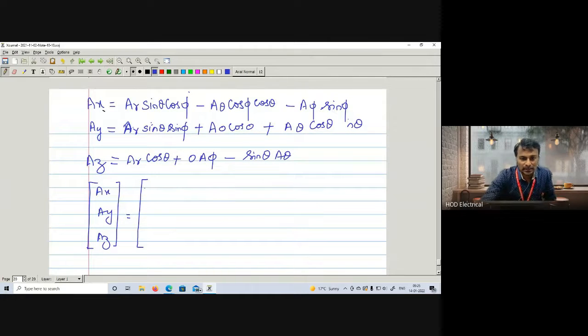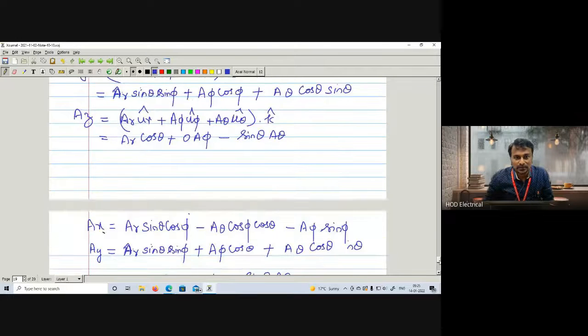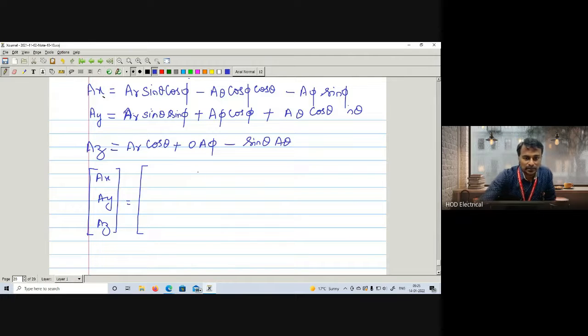AR, A theta, A phi, that sequence I am writing. So this is A phi, I think cos theta. A theta, A phi. The second one is A phi and cos phi. Yes, A phi into cos phi. So cos theta and 0 into sin phi. So let me write it now. This matrix into AR, A theta, A phi.